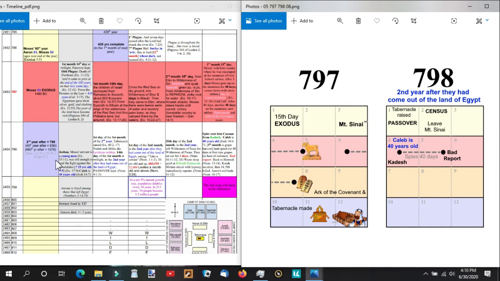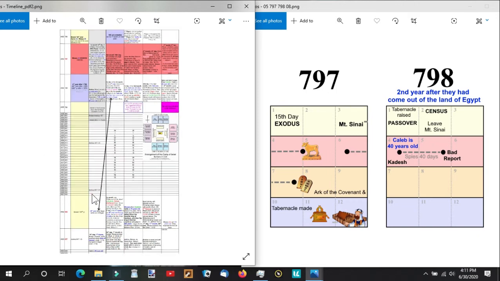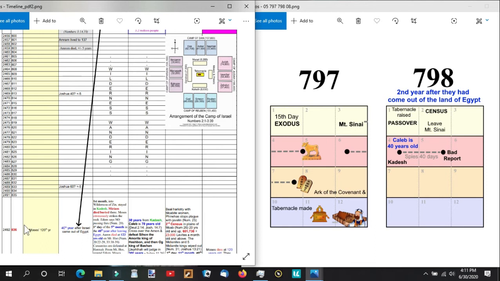So now with the second year after they came out of Egypt being firmly anchored to the timeline as year 798, and with each row of the spreadsheet representing a year, we can simply count our way to the 40th year after the children of Israel came out of the land of Egypt. By doing this, we arrive at year 836 from the flood. That's all the information we need to anchor this year to the timeline, yet the Bible will give us 3 more ways to verify and confirm this year in the chronology.